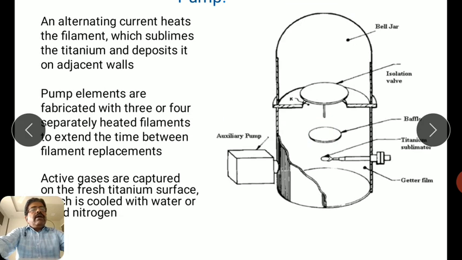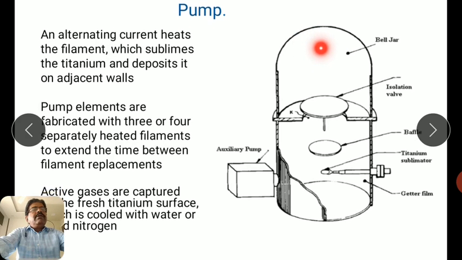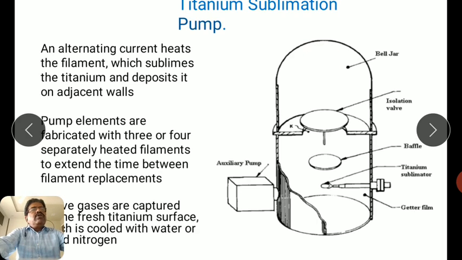The walls of this particular chamber, and the portion of the chamber, are isolated here. You can see the isolation valve is there, because initially you cannot directly start pumping with the help of the titanium sublimation pump. Some roughing pump is needed. That means initially you have to bring the pressure down to a certain level. For that, you use some roughing pump, which is not shown here, and meanwhile the titanium sublimation pump will be isolated.